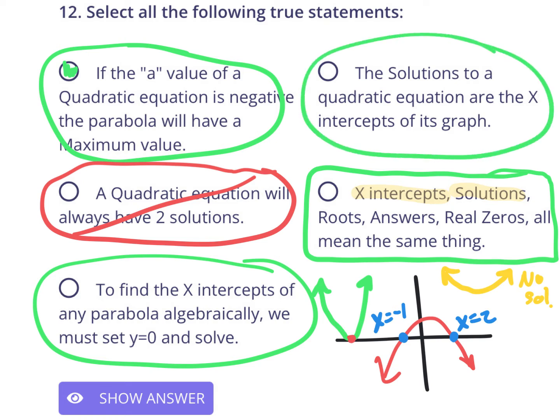Keep in mind, because this is a practice test, I will be changing some words. For example, if I did say the solutions are the y-intercepts, that's false, right? Your answers are your x-intercepts, not the y-intercepts. So I will be changing some words, so please read carefully and don't read too fast.